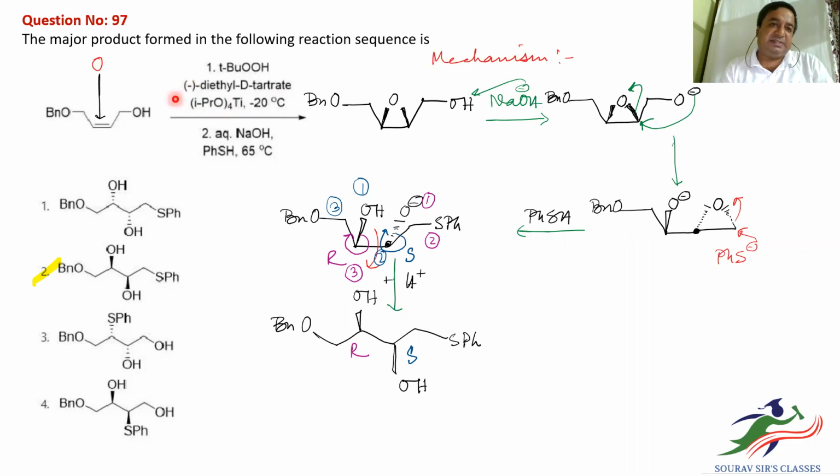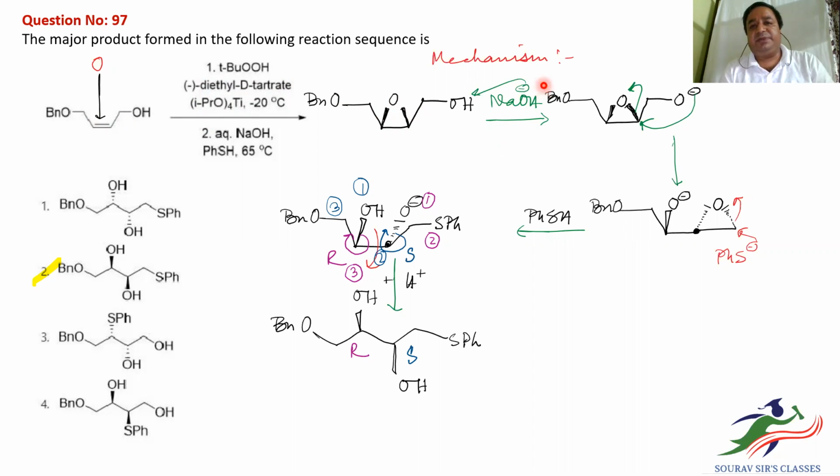Now, whenever we have this minus DET, then the attack of the O to the double bond stereochemically would be from the top side. Okay, so we will be representing it with the alpha bonds.